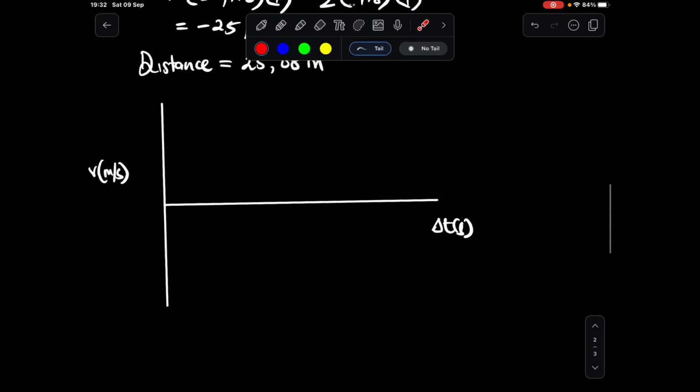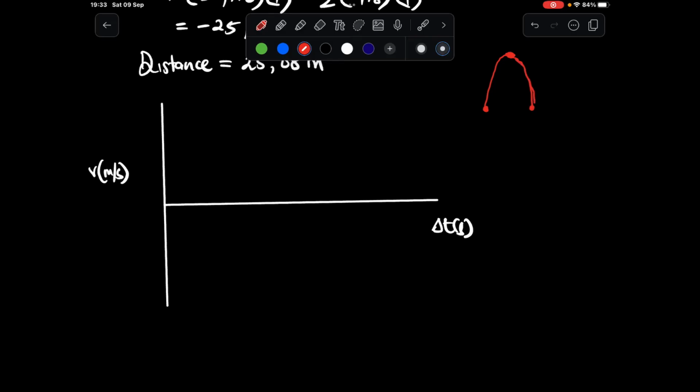Guys, we've already drawn the velocity time graph. Now, what do you need to note? That ball A was traveling from the ground and given the initial velocity of 30 meters per second, and it went up, and the velocity decreases and reached its maximum height, and then it went back to the ground and the velocity increased.